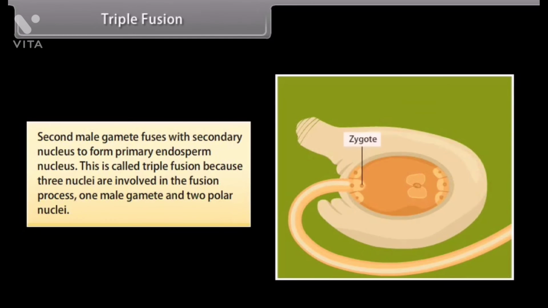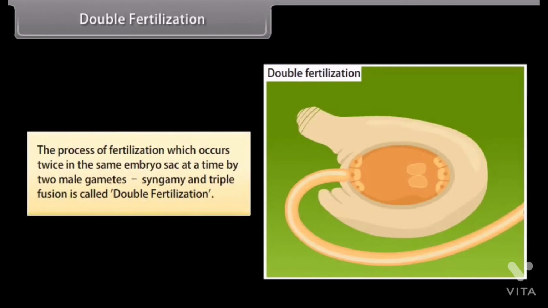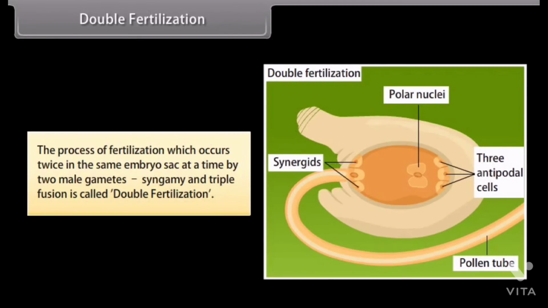This is called triple fusion because three nuclei are involved in the fusion process: one male gamete and two polar nuclei. Double fertilization. The process of fertilization, which occurs twice in the same embryo sac at a time by two male gametes, syngamy and triple fusion, is called double fertilization.